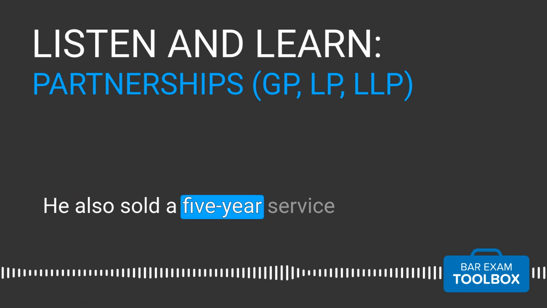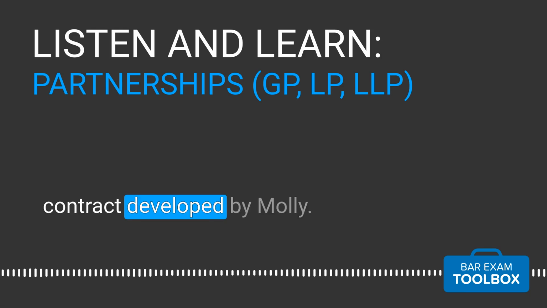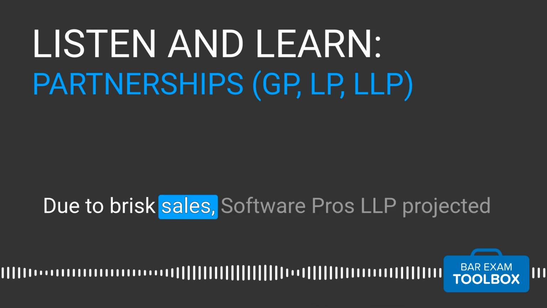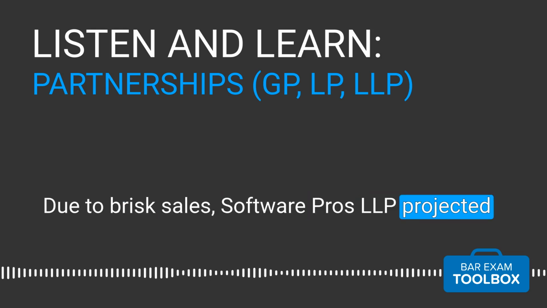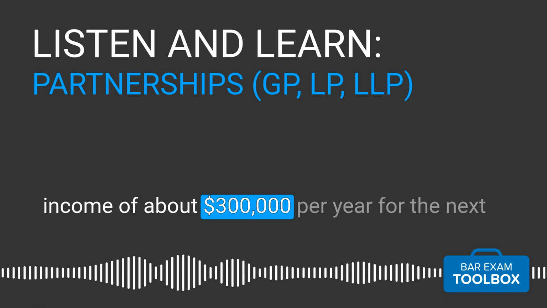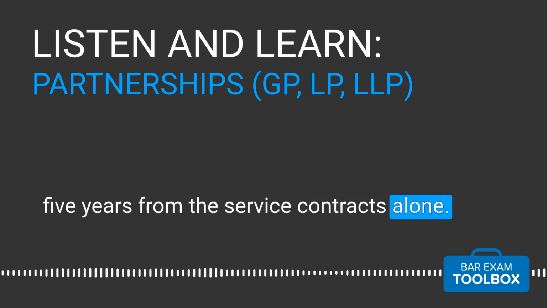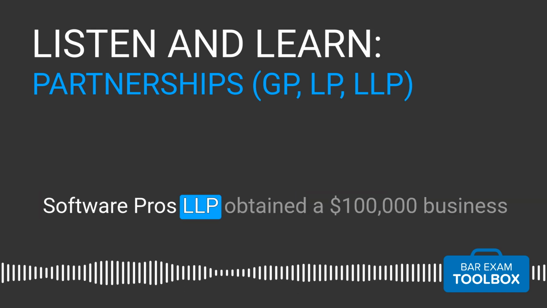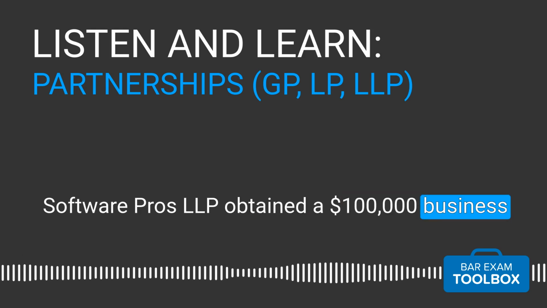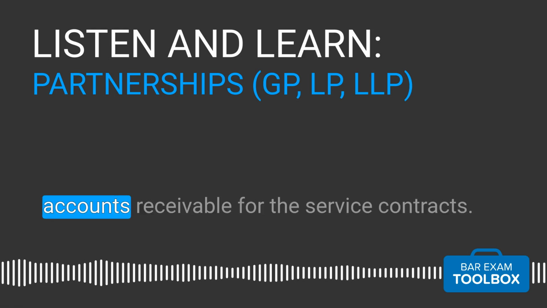He also sold a 5-year service contract developed by Molly. Due to brisk sales, Software Pros LLP projected income of about $300,000 per year for the next 5 years from the service contracts alone. Software Pros LLP obtained a $100,000 business loan from National Bank secured by the accounts receivable for the service contracts.